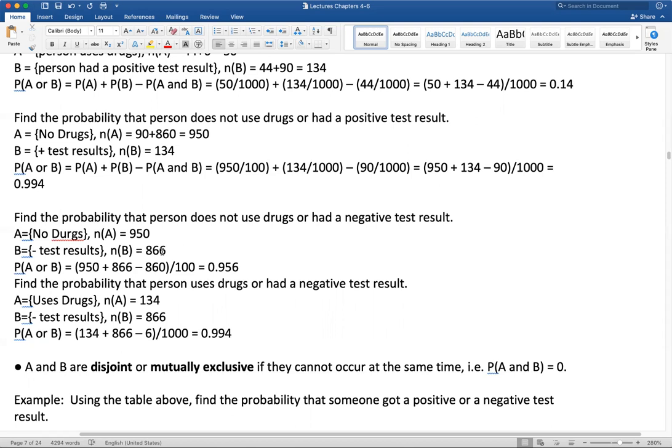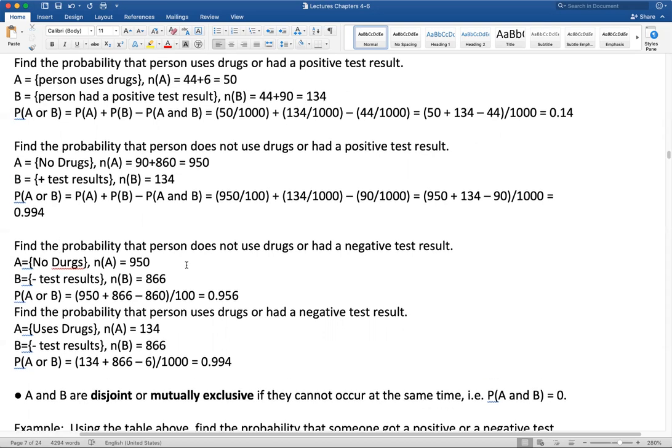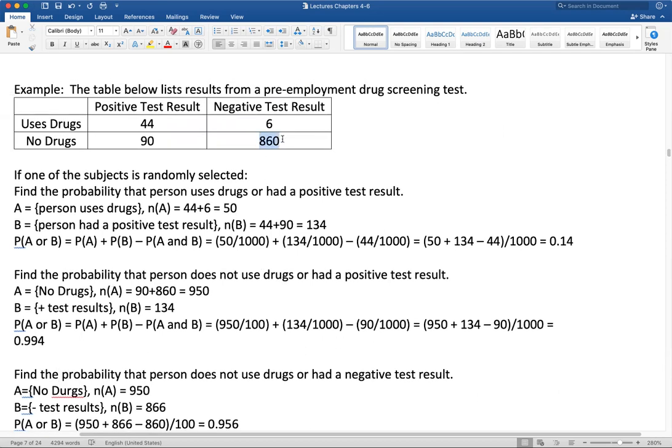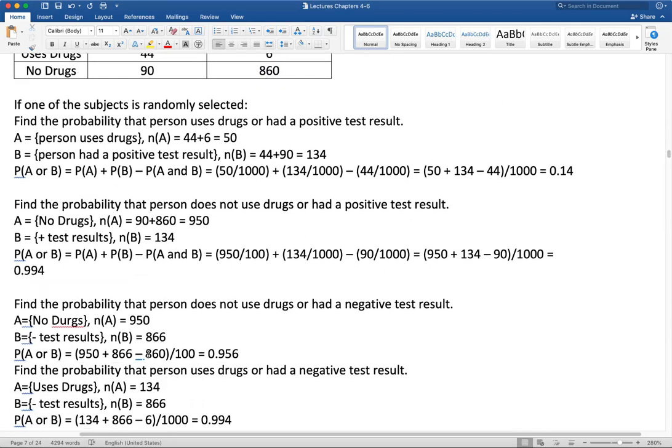Then we find the number of persons who didn't use drug and had a negative test result: 860. So we subtract that number from the number of outcomes in event A plus the number of outcomes in event B, again divided by 1000, not 100.